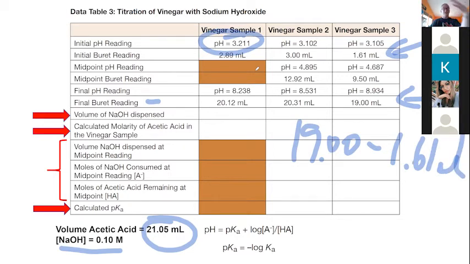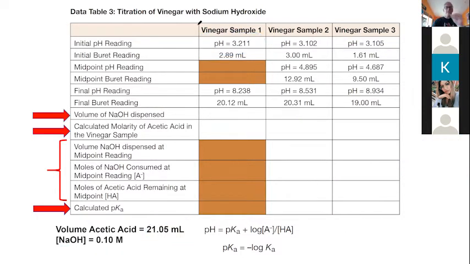So that tells you what the total volume was, okay? So what you need to do with this one is figure out what was the volume of sodium hydroxide dispensed. That one's pretty straightforward.